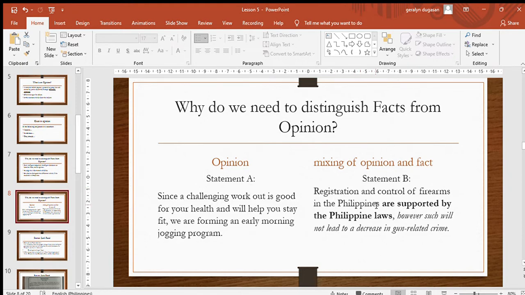So, the statement in bold letters, "are supported by the Philippine laws," is a fact. And the statement in italic, "however such will not lead to a decrease in gun-related crime," is an opinion.